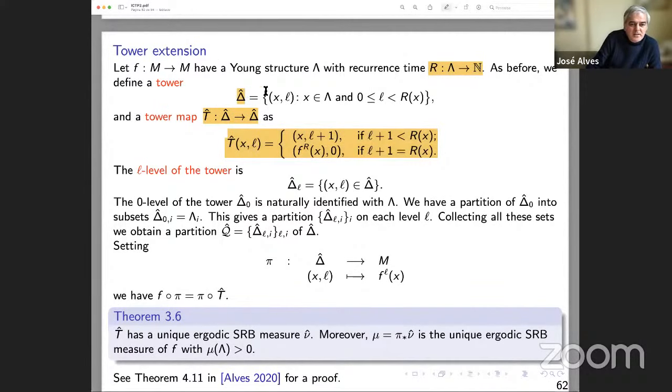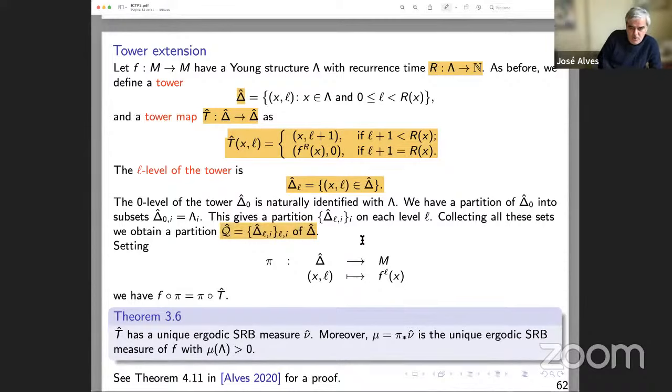We introduce the tower, which goes up to 1 unit before the recurrence time, and then the dynamics in the tower moves up through the levels. We have a natural partition in the 0 level, because the 0 level is identified with lambda in this case, and there we have the natural partition of the lambda i's. And so we can push that partition in the 0 level to partitions in the higher levels, and we obtain a global partition of the whole tower.